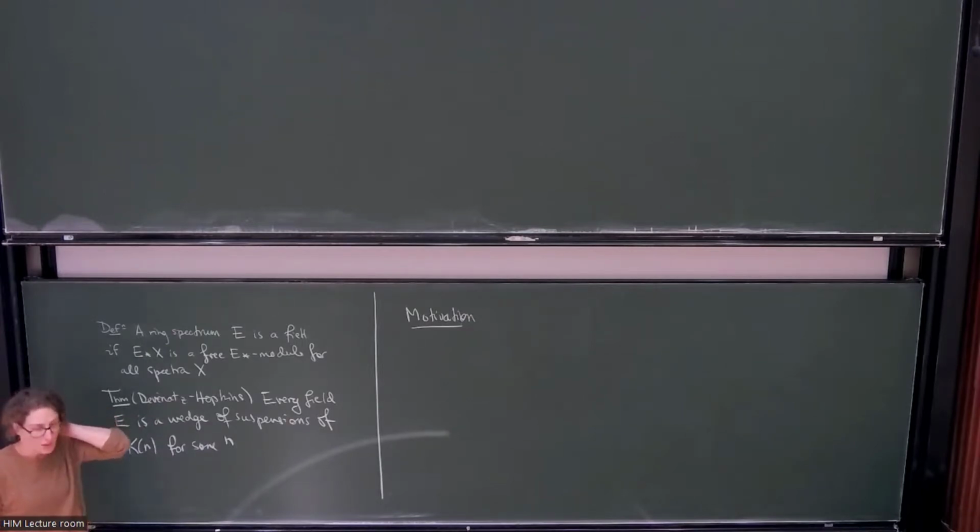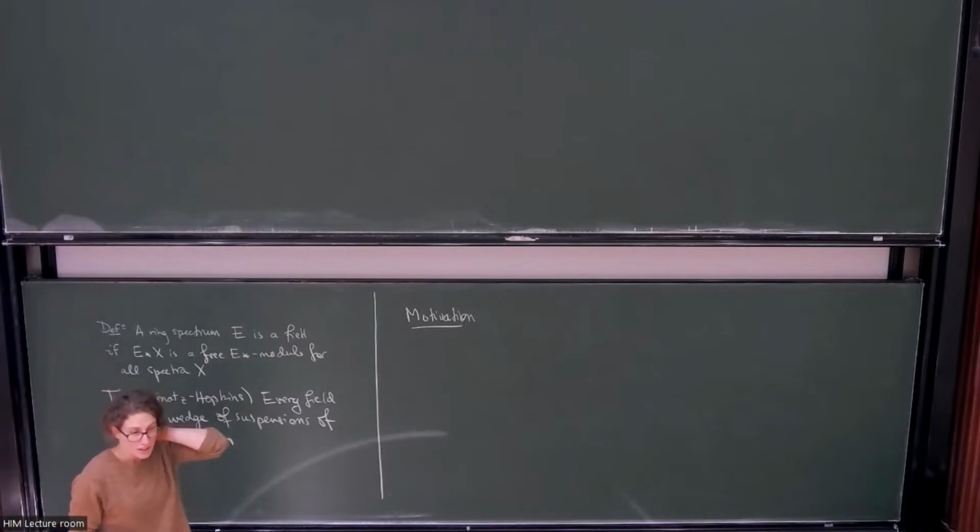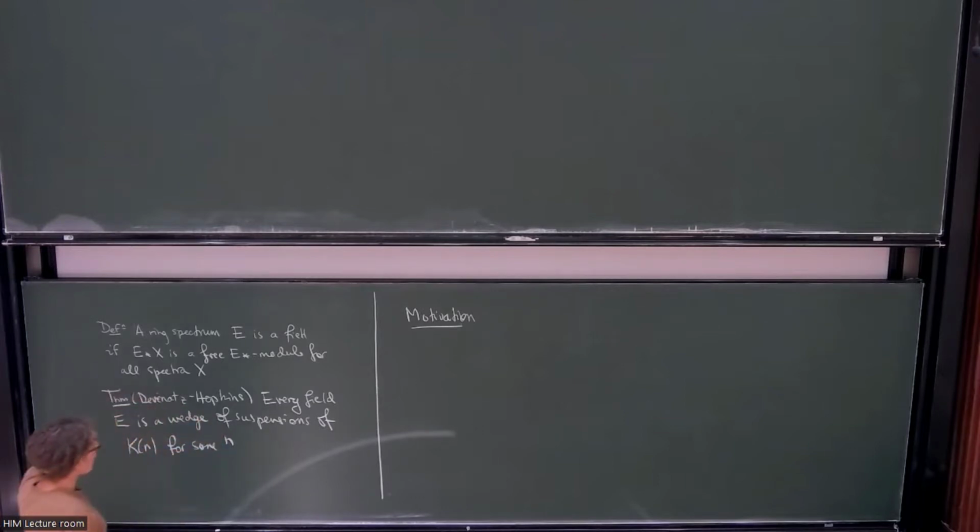Oh, okay. Yeah, okay. I mean, in algebra, if you have a product of fields, it doesn't have the free property. So this is the definition of what it means to be a field in Spectra. I'm just saying this is what I mean if I'm going to call this a field.